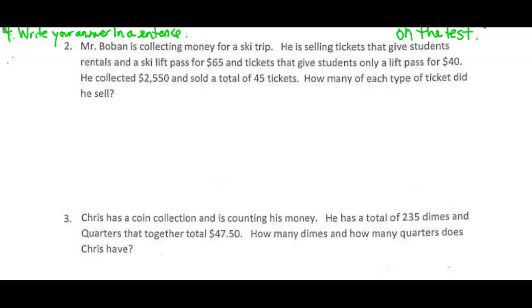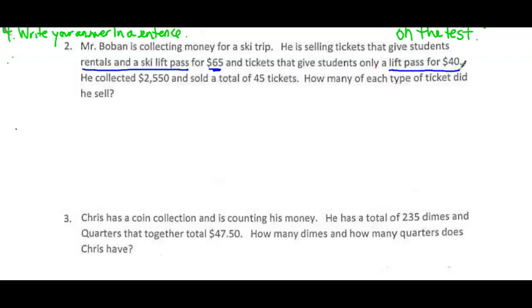It says Mr. Bowman is collecting money for a ski trip. He is selling tickets that give students rentals and a ski lift pass for $65. So rental ski lift pass costs $65, and the tickets that give students only a lift pass for $40.